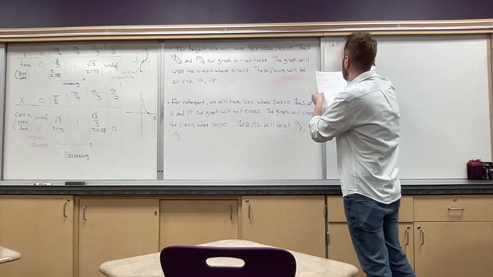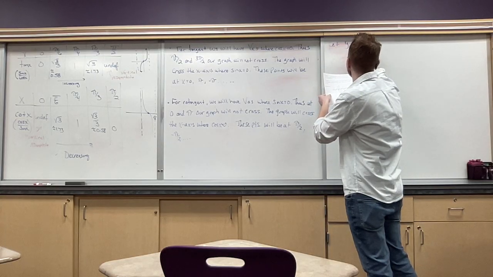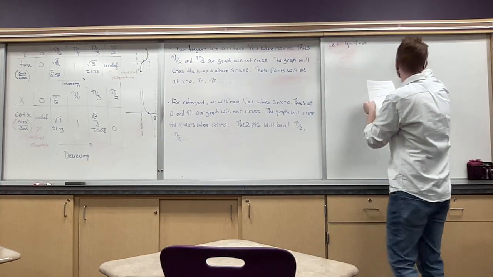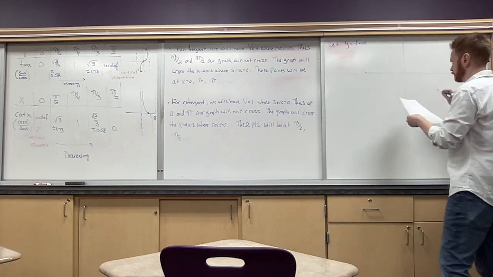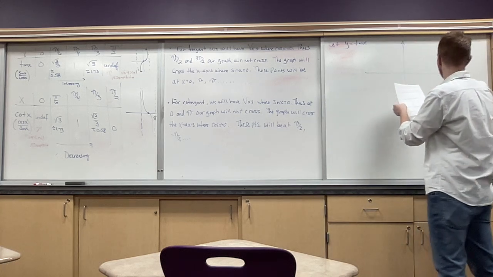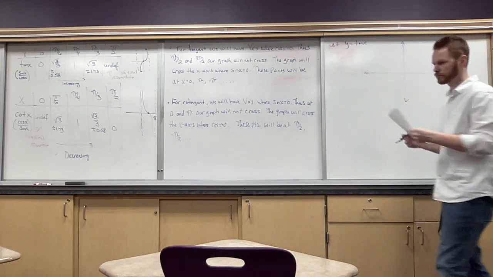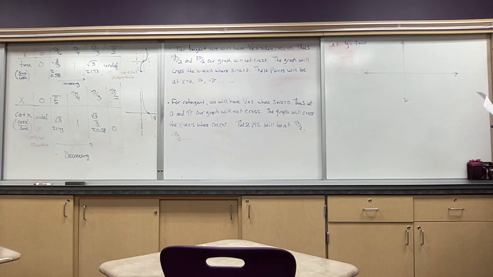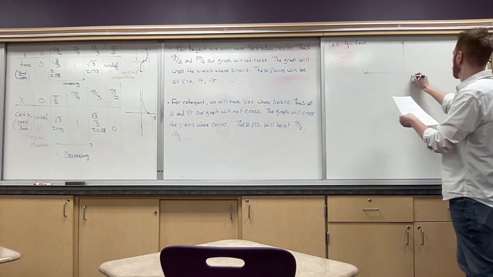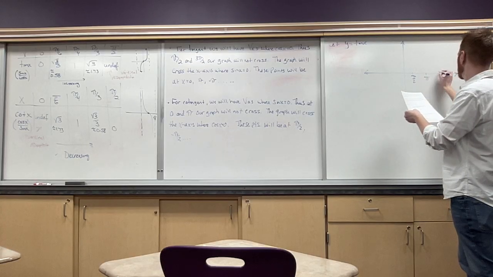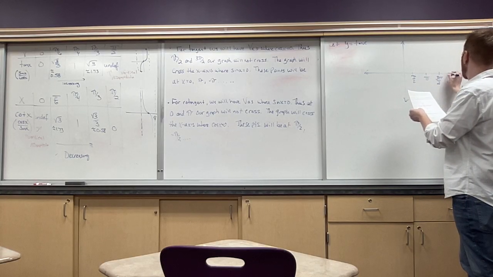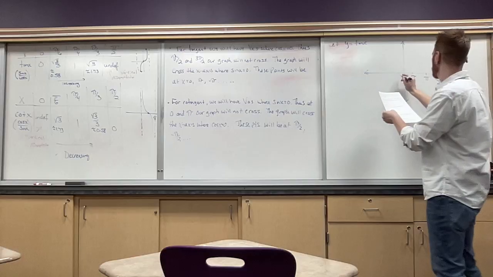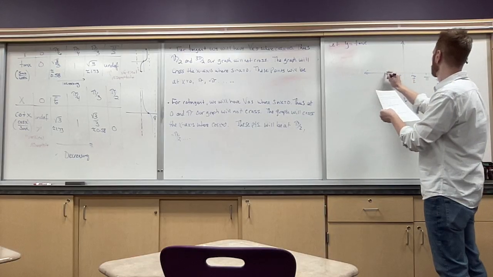So let's let y equal tangent of x. Okay. I'm going to jump ahead. So we have pi over 2, pi, 3 pi over 2 and 2 pi. I'll do the same thing on the left-hand side, just with negatives.